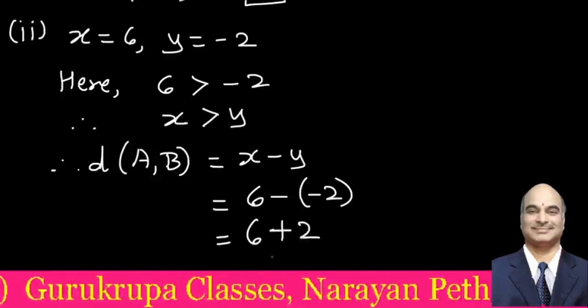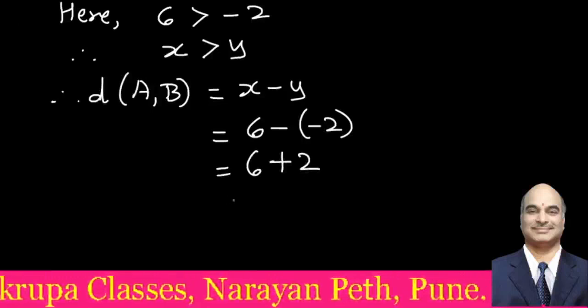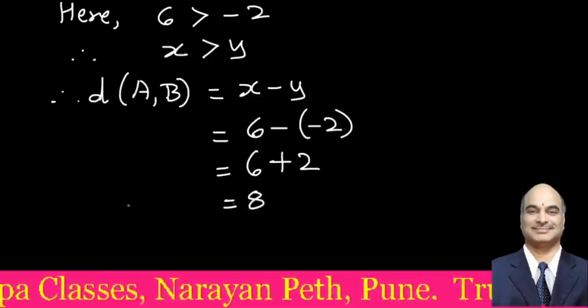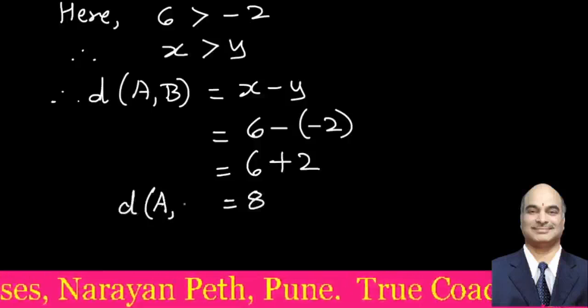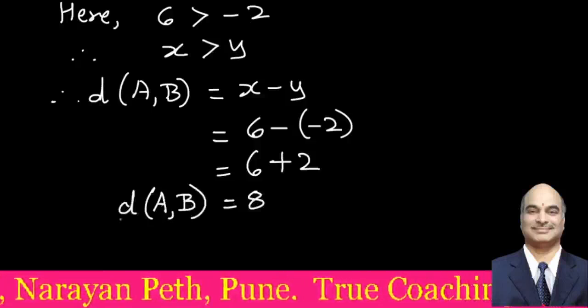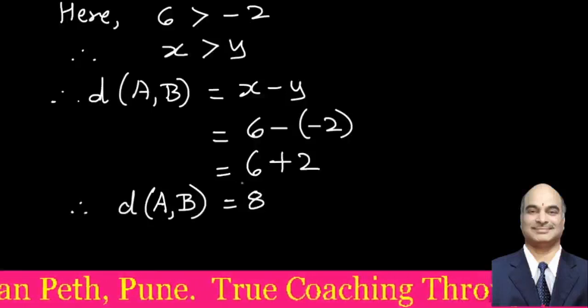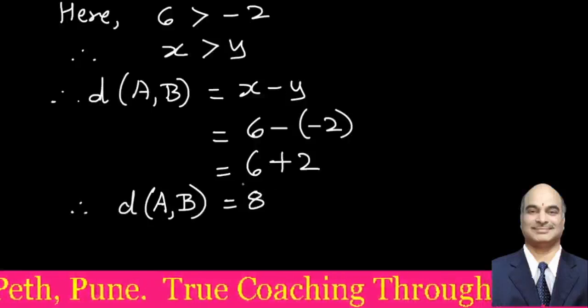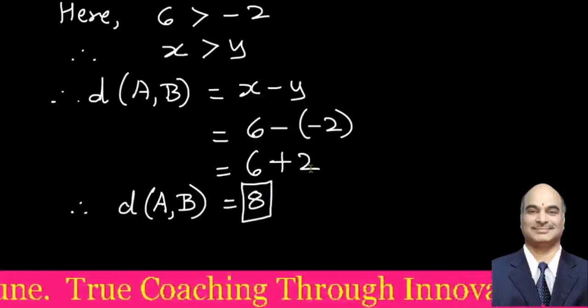So 6 plus 2, thus we get distance 8. Distance AB is equal to 8. Okay, please write down this one.